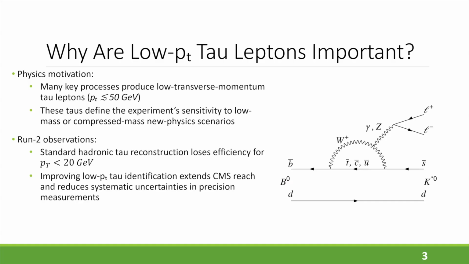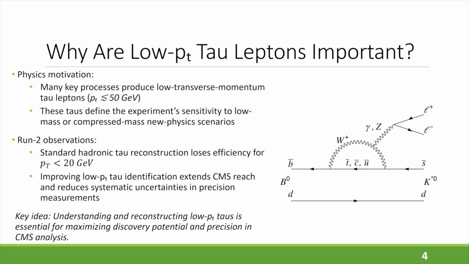Also, in Run 2 we observed that standard hadronic tau reconstruction loses efficiency for momentum lower than 20 GeV, and improving low-pT tau identification extends CMS reach and reduces systematic uncertainties in precision measurements. On this slide we may also see a diagram. This is our main benchmark decay: B meson into K-star and a lepton anti-lepton pair.